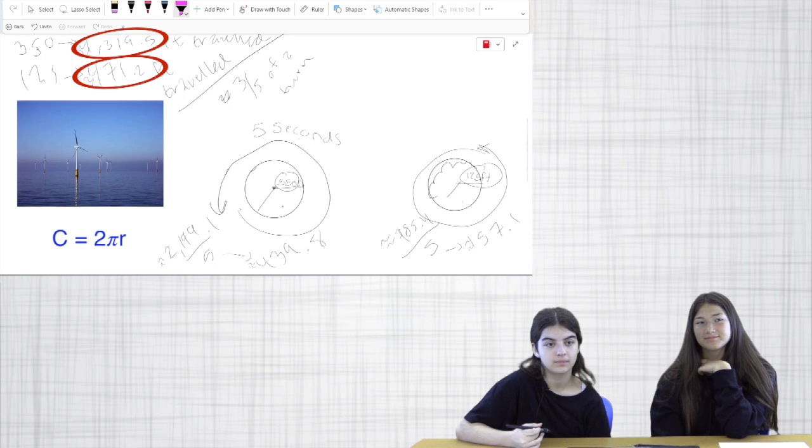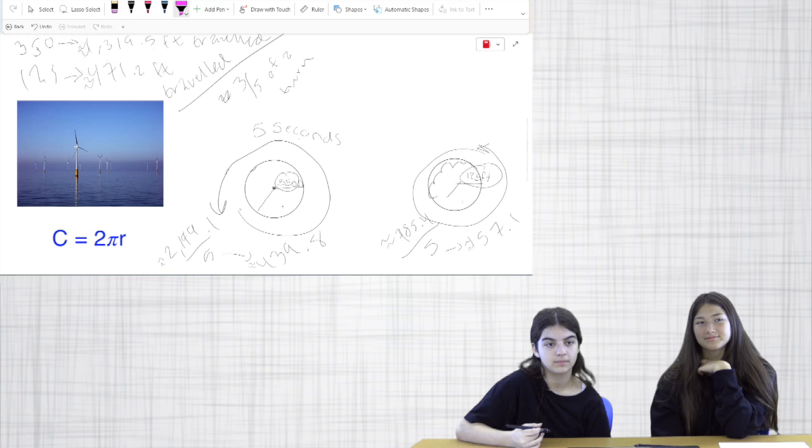These calculations showed the tip of the 350-foot blade would travel about 1,319.5 feet over 3 seconds, while the tip of the 125-foot blade would only travel 471.2 feet. This means the tip of the larger blade would travel a larger distance than the tip of the smaller blade, even though the angles of rotation for the two blades are the same.